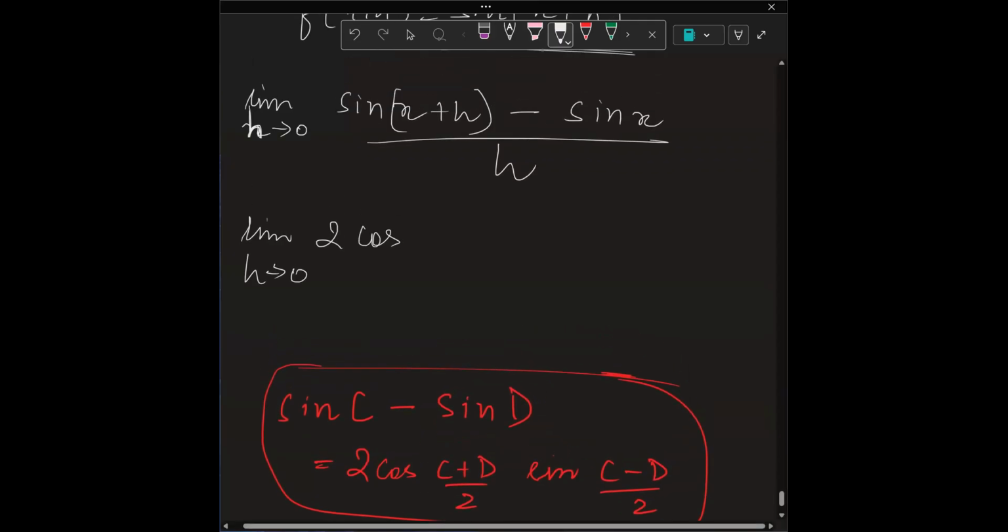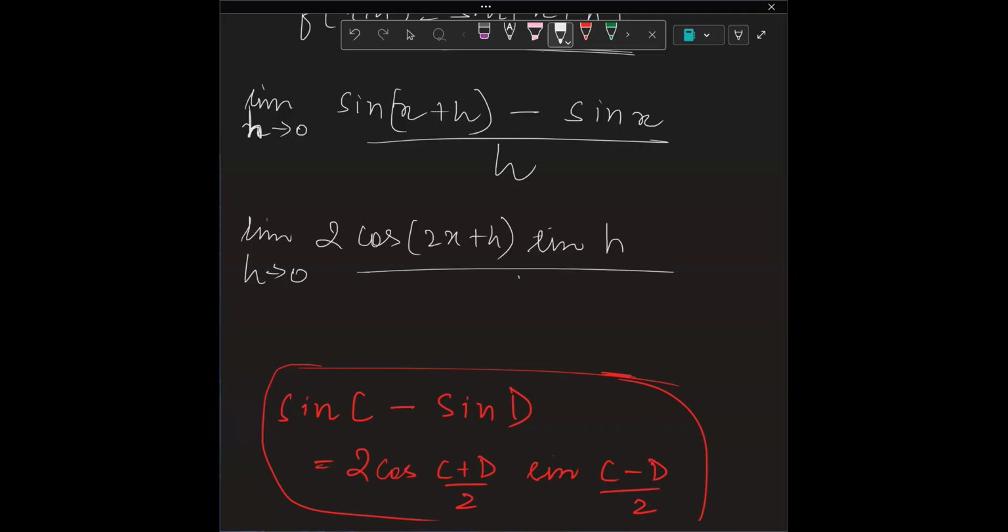So when you add x plus h plus x, this is 2x plus h. And over here you have sin of x plus h minus x, that is h, and in the denominator you have h. So we get 2 cos((2x plus h) by 2) and sin(h by 2).